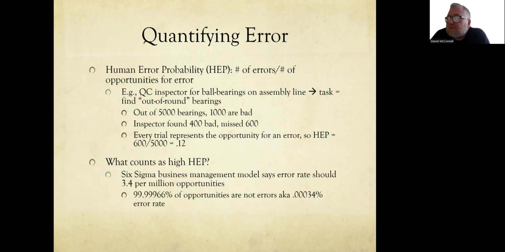But isn't it also possible that sometimes when you pull a bad defective item from the assembly line, that could also be a mistake, because it's possible that it was really a good ball bearing and it was rolling true, and you simply misperceived its trajectory, thought you saw a wobble, but there was no wobble. And so you've actually pulled a good bearing out instead of a bad one. So there's other kinds of errors. We're going to have to get into that a little bit later in these notes, but just the basics of it here is that this person has made errors on 12% of their opportunities.